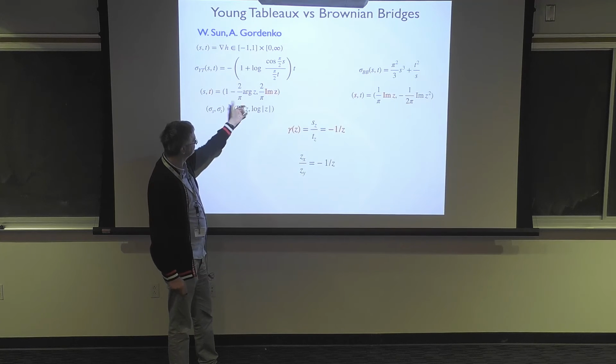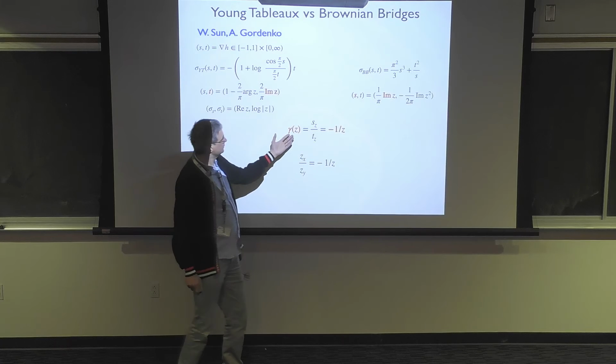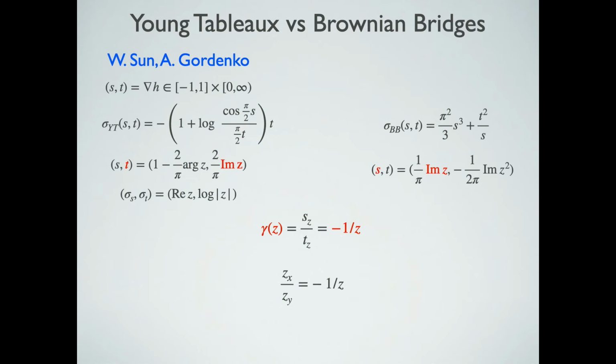And then you have these harmonic conjugates. The equation for the complex Burgers equation, the gamma itself, is exactly the same. The difference is that this imaginary part of Z is in one of the coordinates, and here now it's in the other one of the coordinates. And then you basically only have these two choices.